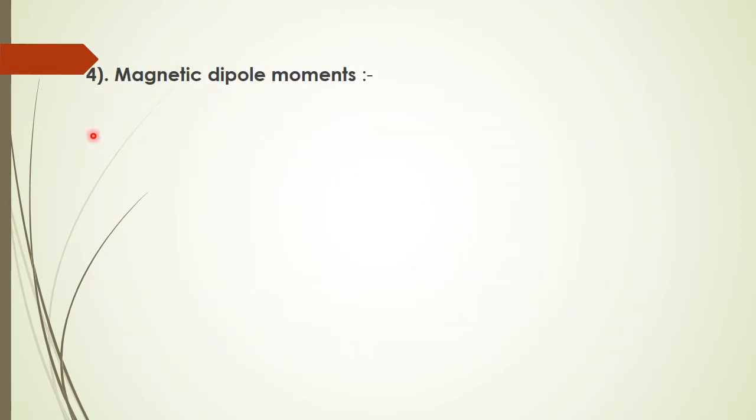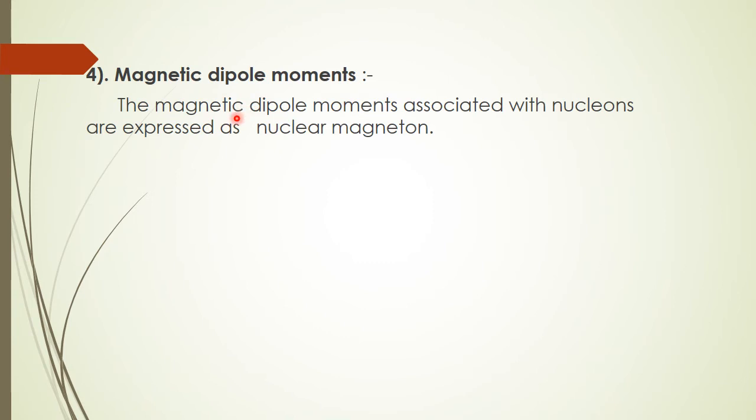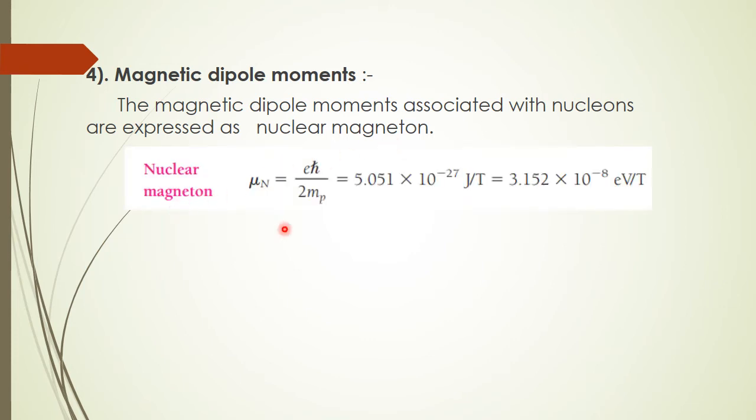Next is magnetic dipole moment. The magnetic dipole moments associated with nucleons are expressed in nuclear magnetons. We know the Bohr magnetons, which are the magnetic dipole moments associated with electrons. Similarly, the nuclear magneton μn is equal to eħ by 2mp, where mp is the mass of proton.